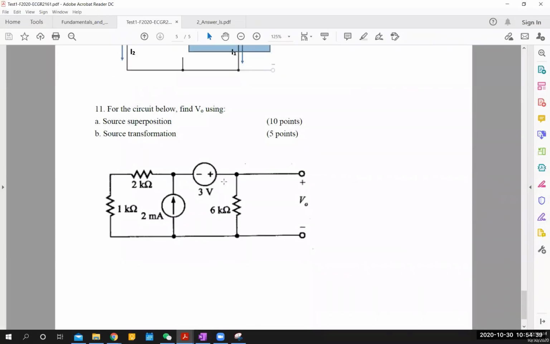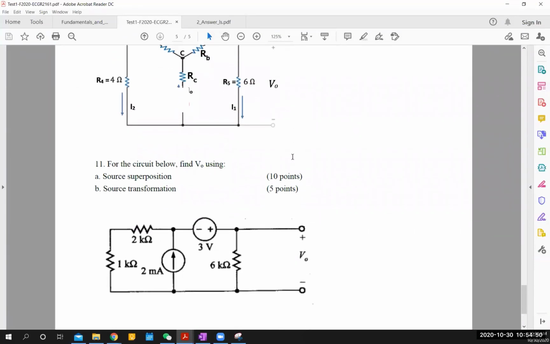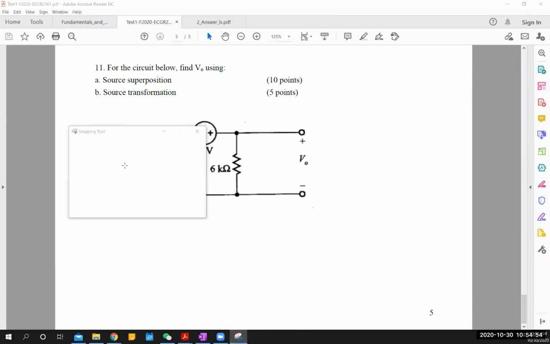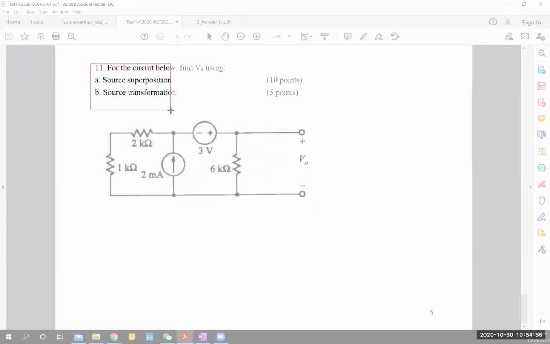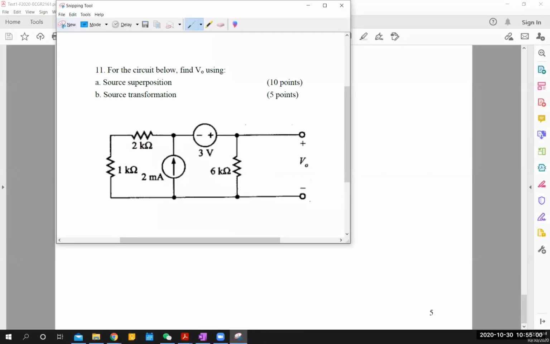Now the last one. If anyone is still confused about the series-parallel thing, please let me know, because this one is very vital in solving any kind of circuit. Okay, the last one.